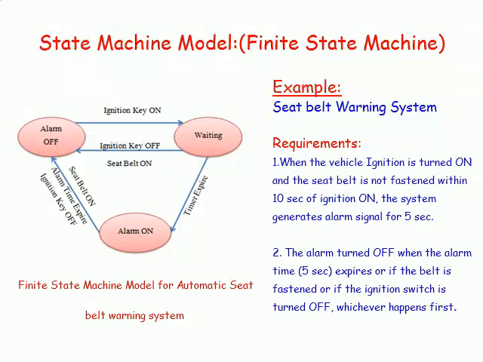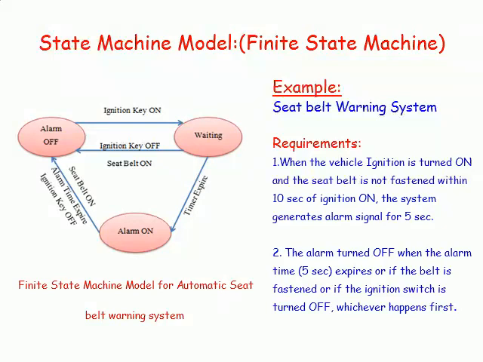The second is, the alarm is turned off when the alarm time expires, or if the passenger fastens the belt, or if the ignition switch is turned off, whichever happens first.